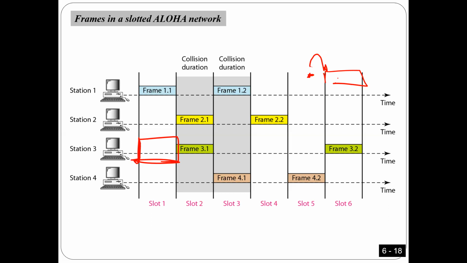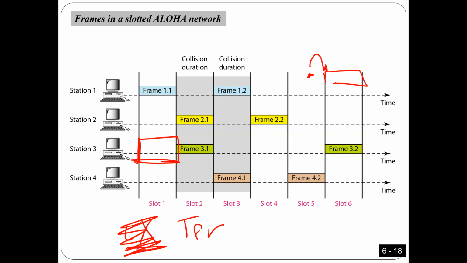Because this small change reduces the vulnerability period by half. Now the vulnerability period is only TFR, not 2 times TFR as in Aloha. Because I reduced the vulnerability period by half, collision is going to be much less, which is much better.